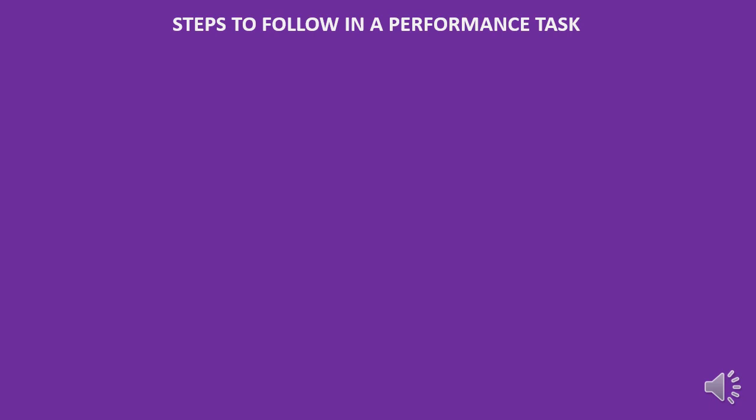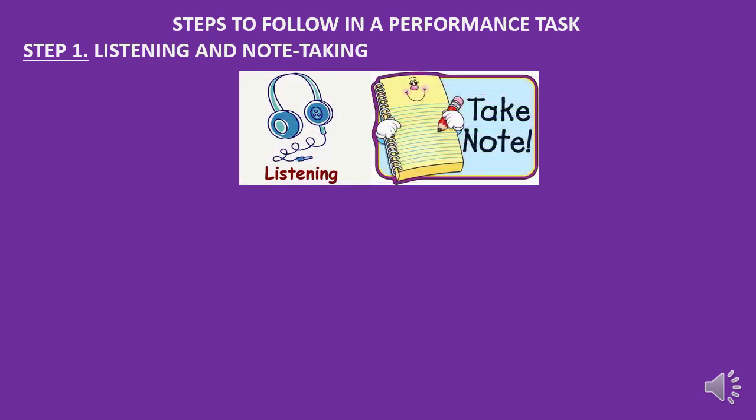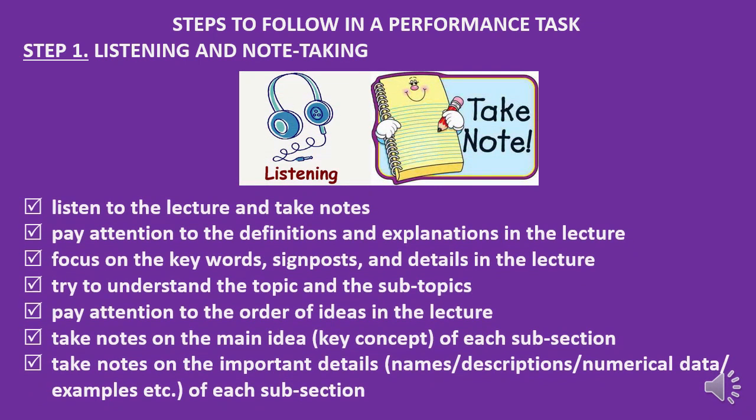Here are some steps to follow in a performance task. Step 1. Listening and note-taking. In this step, you have to listen to the lecture and take notes. You need to pay attention to the definitions and explanations in the lecture. Focus on the keywords, signposts, and details in the lecture.